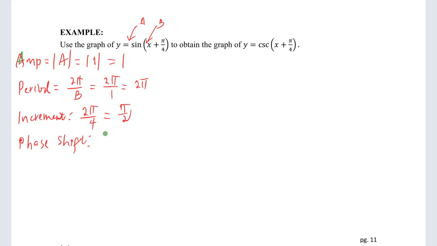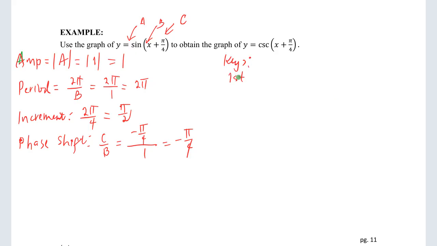The phase shift is C over B. The value for C in this case is pi over 4. Like I mentioned earlier, it needs to be the opposite sign. So this is negative pi over 4 over B, which is simply 1. Therefore, the phase shift is negative pi over 4. Now let's proceed to identifying the key points.